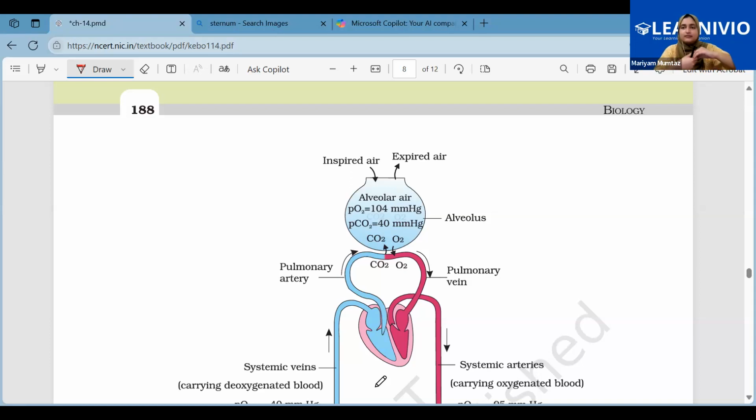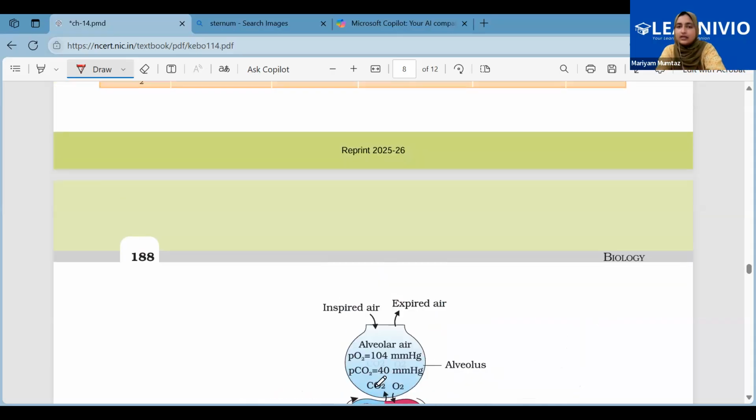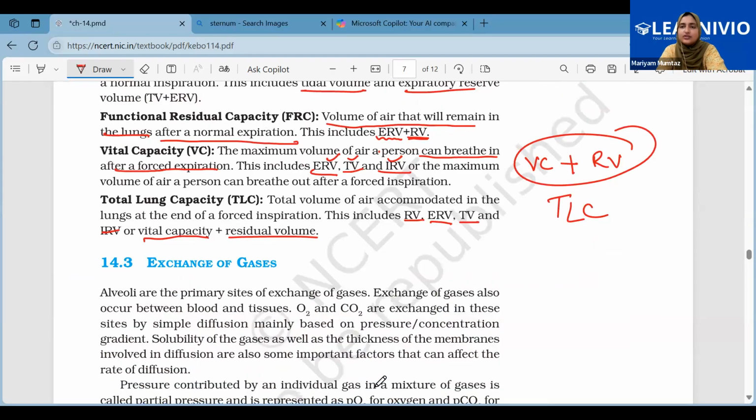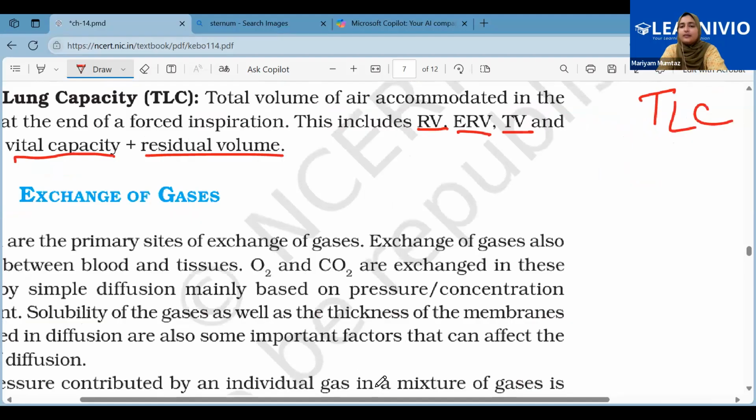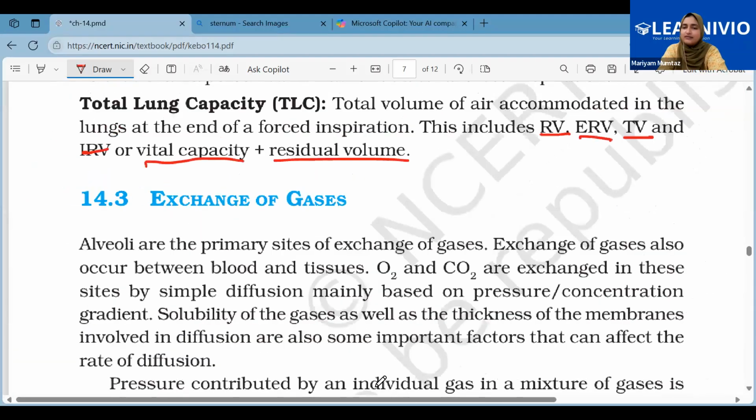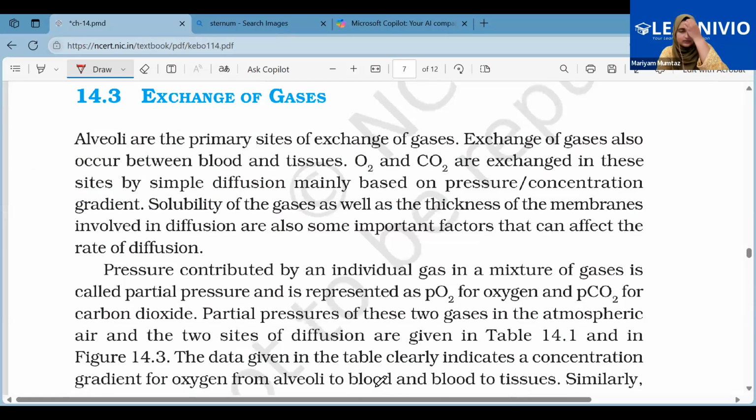It's very closely associated, because ultimately the blood carries oxygen and carbon dioxide, the gases that we breathe. Now let us see how the exchange of gases actually takes place. Alveoli is the place where the exchange of gases takes place, and it occurs between the blood and the tissue. Tissue means all the different parts of our body.